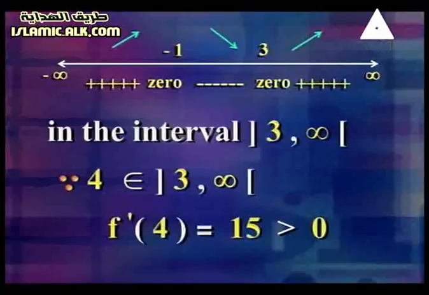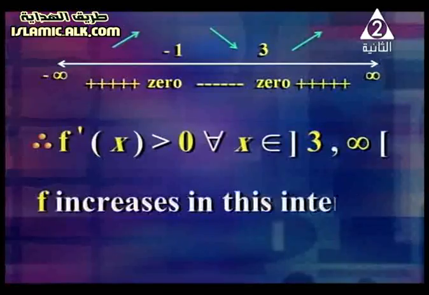What do we deduce? The behavior is increasing. Then we say that f dash x is more than 0, or positive, for all x belonging to the open interval 3 to infinity. Then the function increases in this interval.